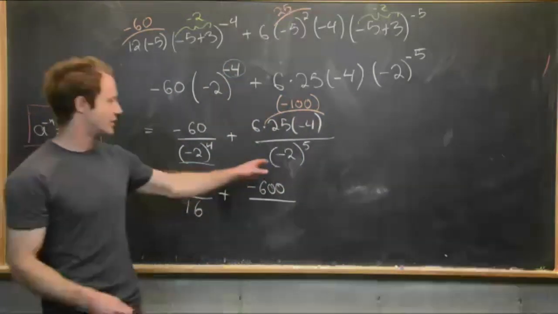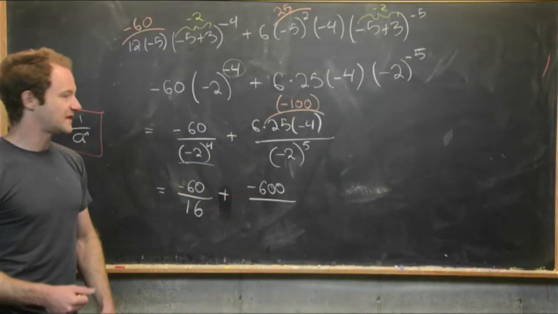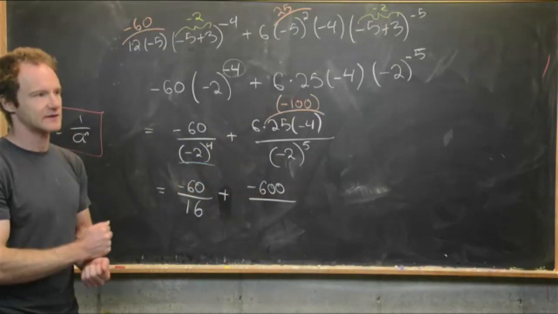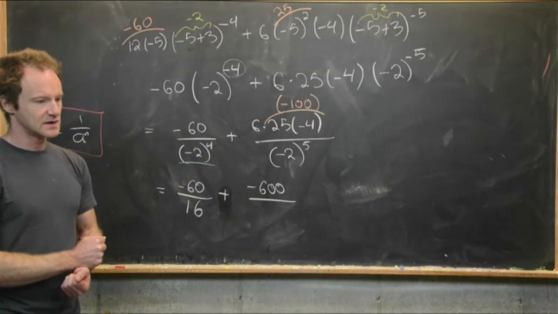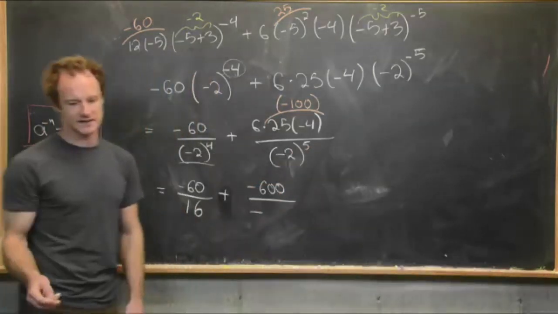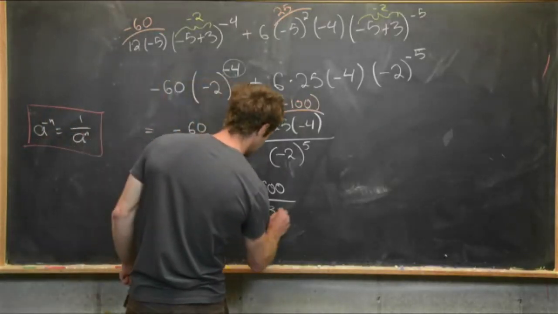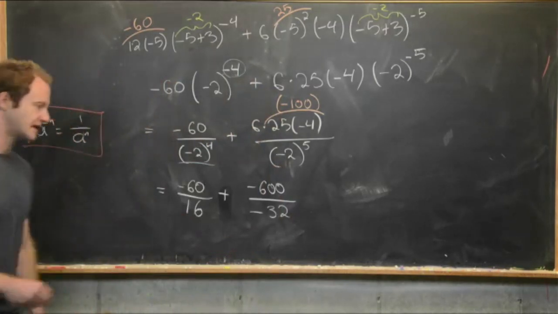And in the denominator, we've got negative 2 to the 5th power. That's going to be negative 2 times negative 2, negative 2, negative 2, negative 2. In the end, it's going to be negative because we have an odd number of minus signs. And 2 to the 5th is 32. So we've got something like that.